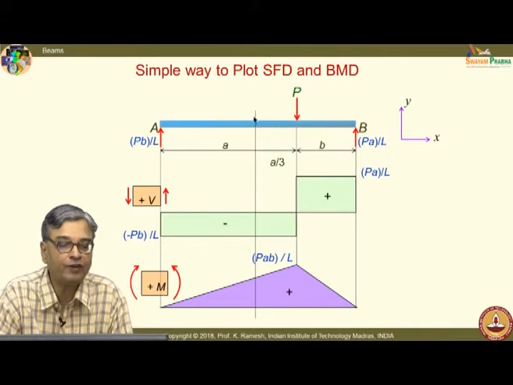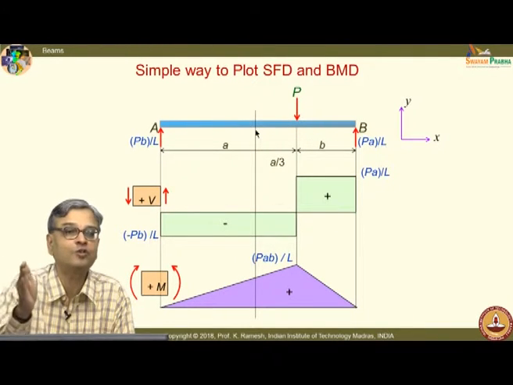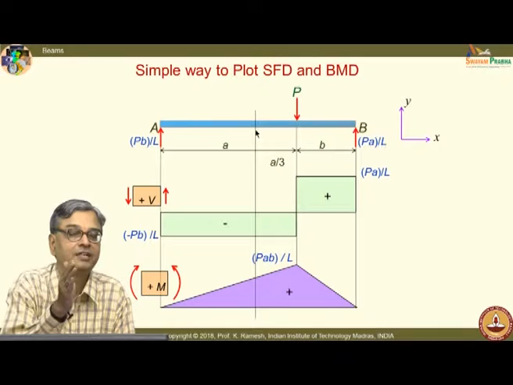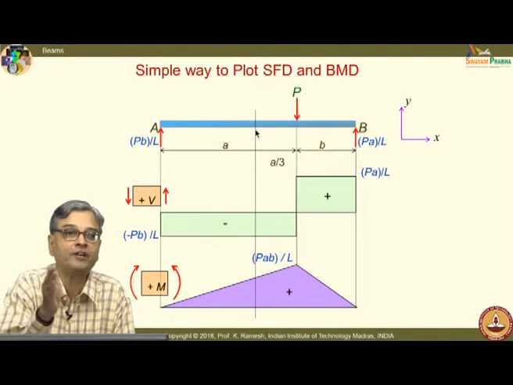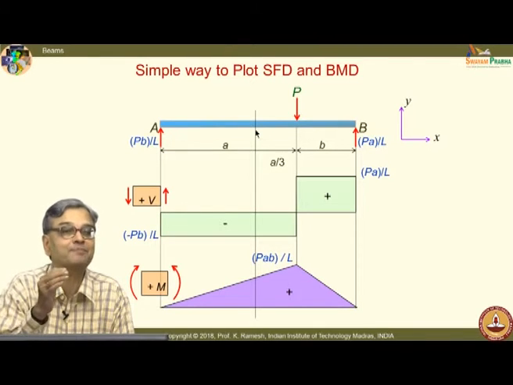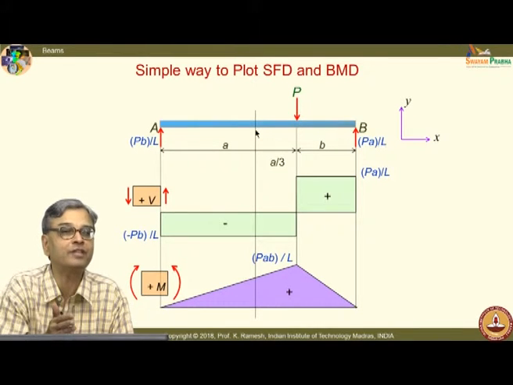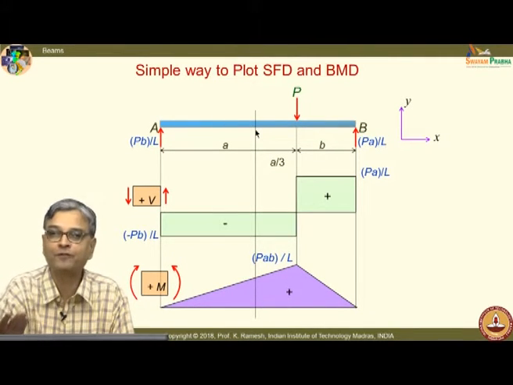If I have to find out the shear force, it is nothing but the effect of these two forces at this point. That means I have to translate these forces to the point of interest. When I translate these forces to the point of interest, I will have a force as well as a couple. The couple will be the bending moment at that point. The force summation would give you the shear force.